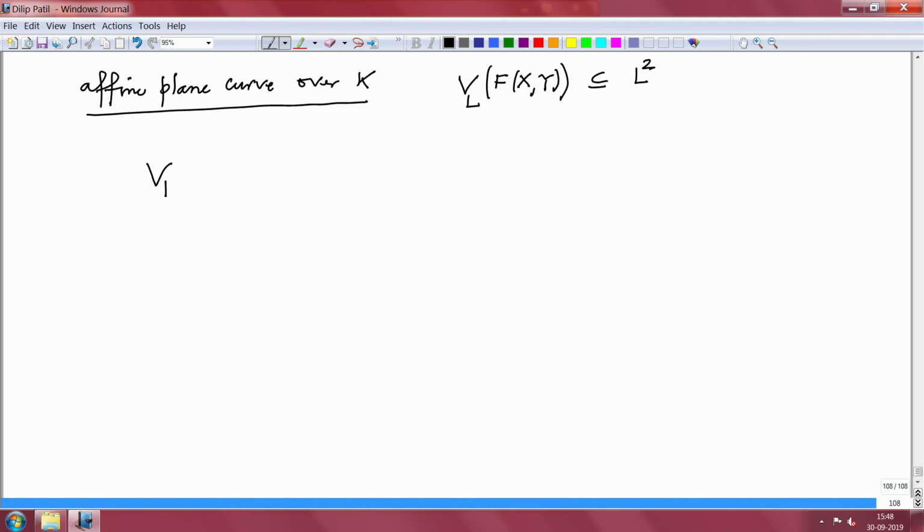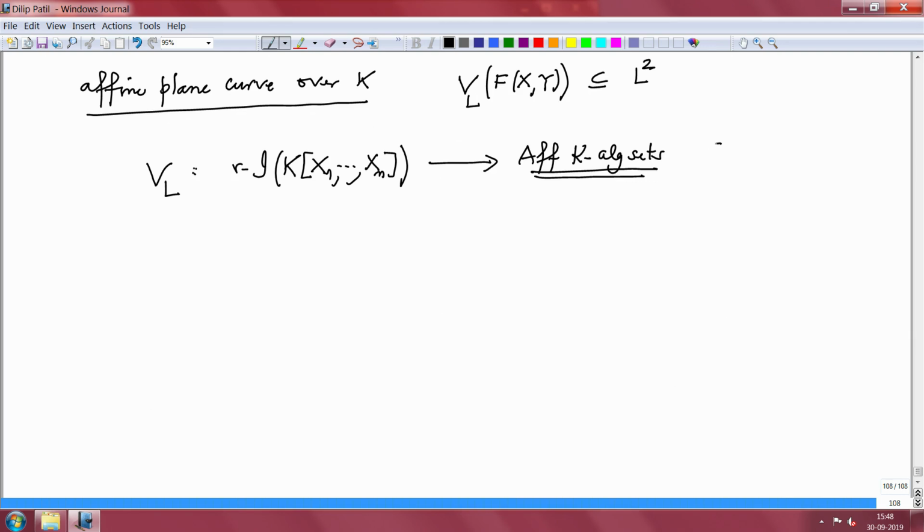So, V_L, this is a map from the ideals of K[x1,...,xn] to the algebraic sets, a subset of the power set of L^n. Any ideal A goes to V_L(A).